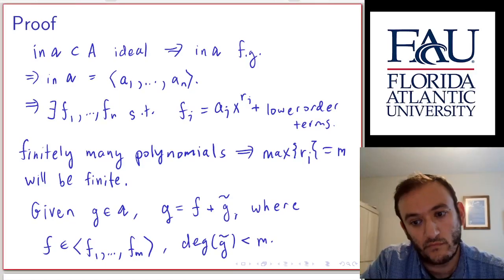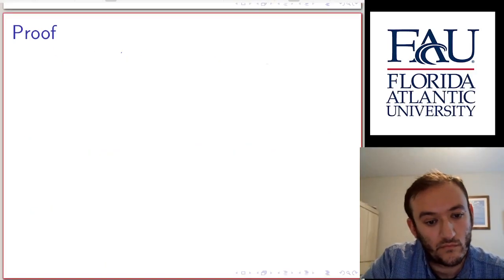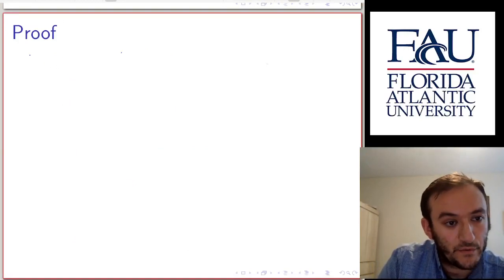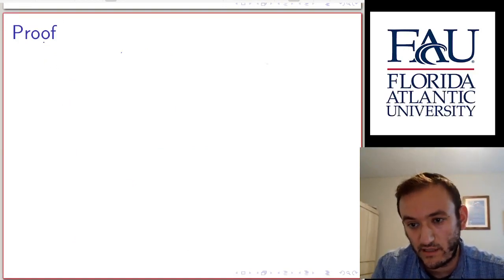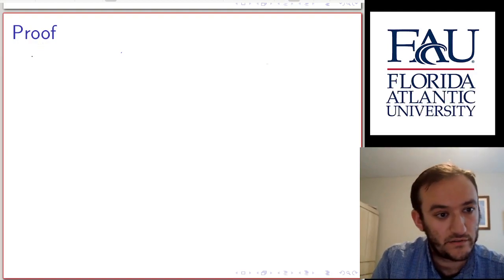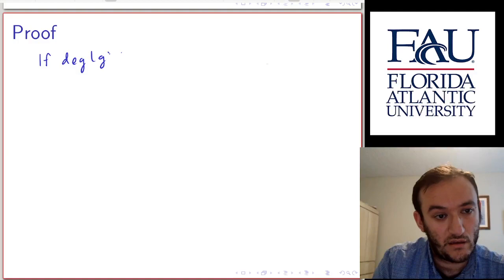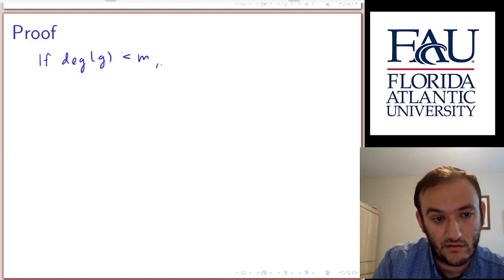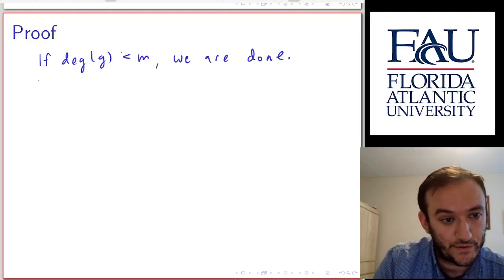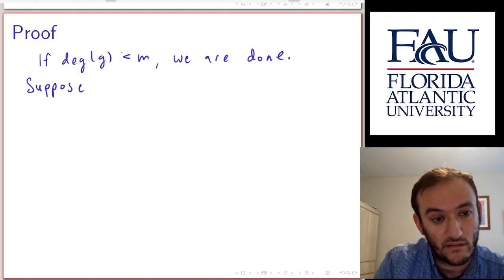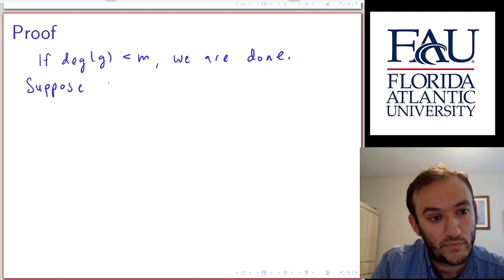Okay. So if g has degree less than m, then we're done. So if the degree of g is less than m, we are done. So suppose g has degree higher than m, or at least m.